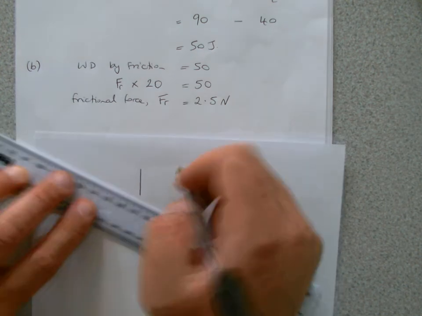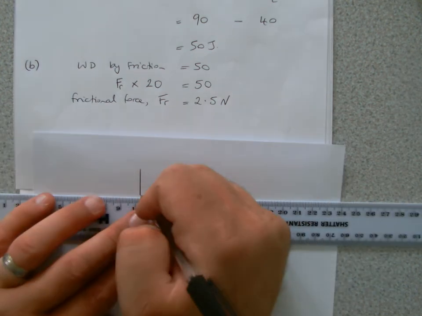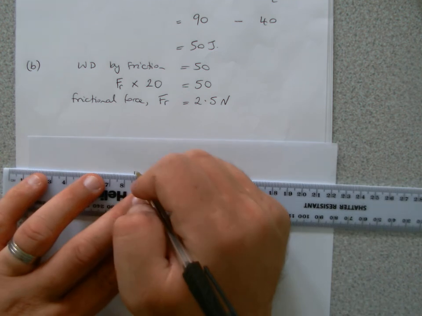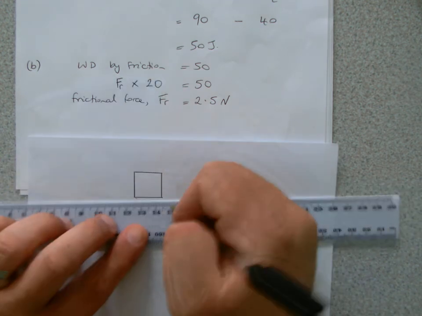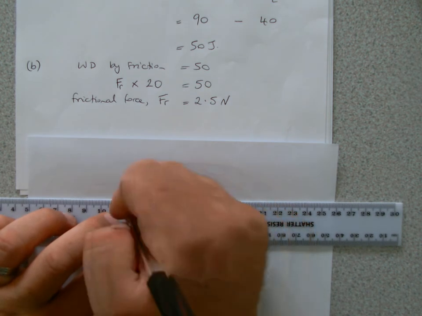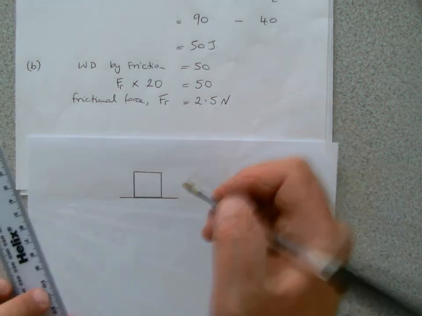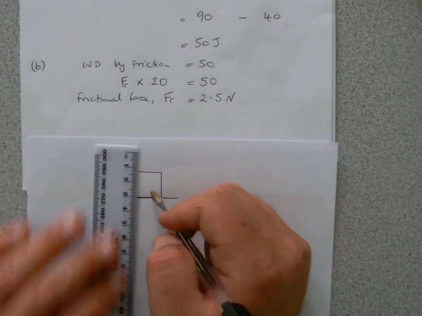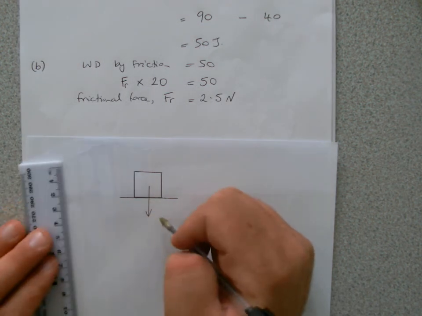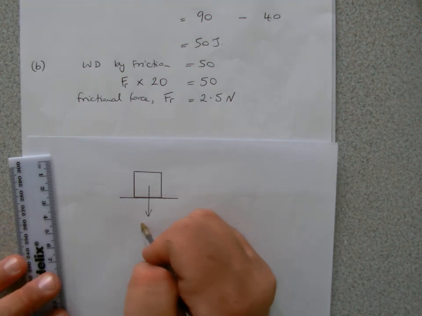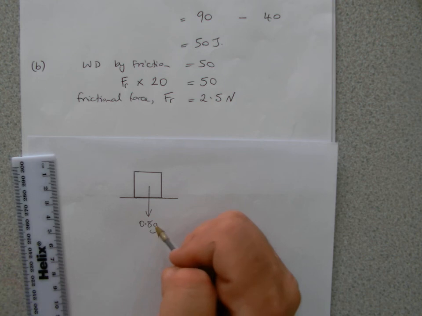With a force diagram, we focus on the actual object and look at the forces affecting it. The object is sitting on the ground, so the weight of the object pushes it down onto the ground, which is mass, 0.8 kilograms, times gravity.